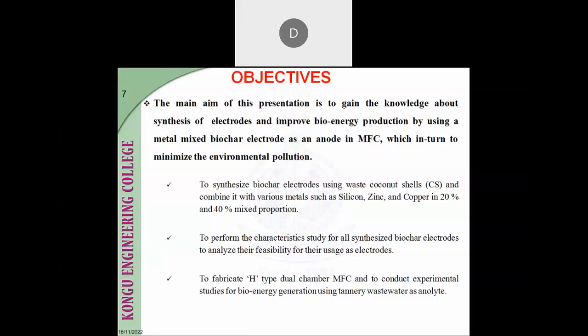Microbes are responsible for substrate oxidation and electron transfer in microbial fuel cells, which separates it from the normal fuel cell. There is a difference between the normal fuel cell and the microbial fuel cell, where microbial action plays a very important role.